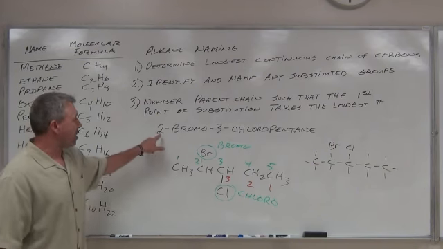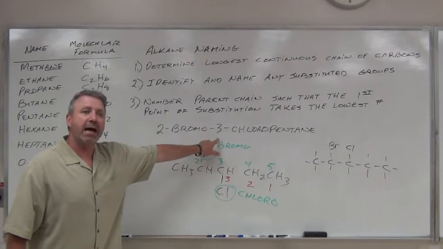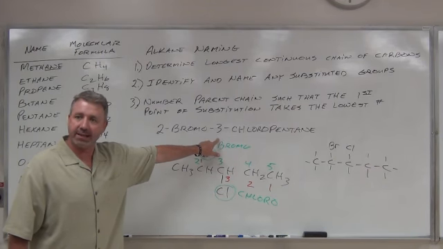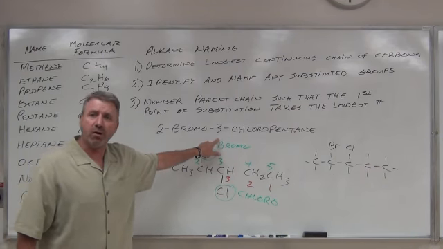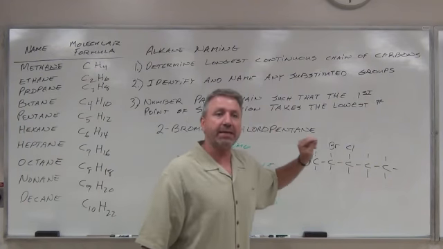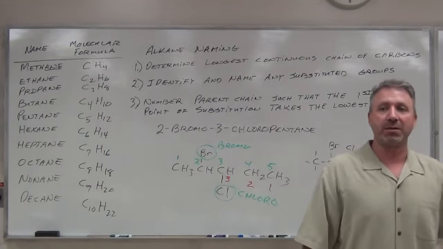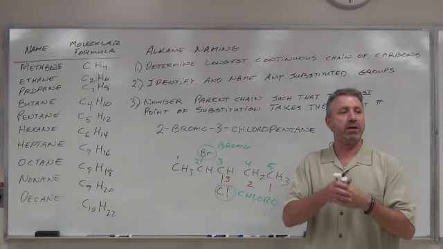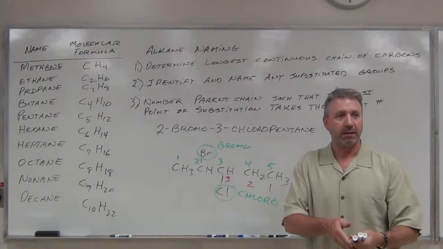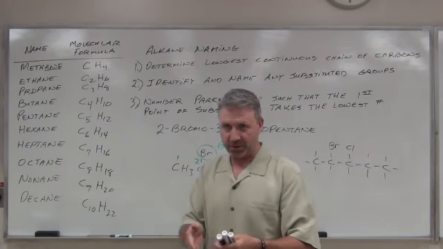Okay? Now, the numbers don't matter. They don't have to be in any particular ascending or descending order. You don't care about the ascending nature of the numbers. The numbers serve only to locate substitutions.